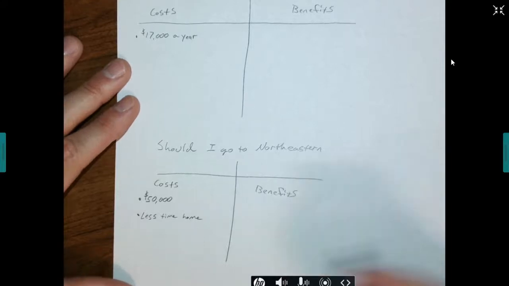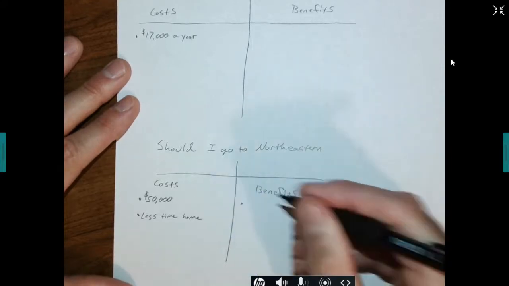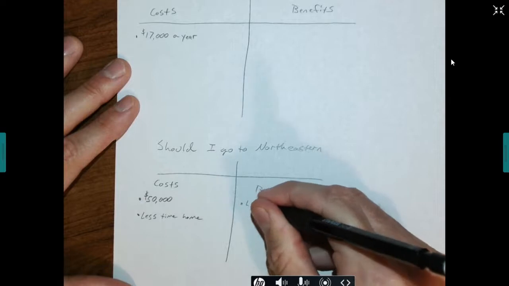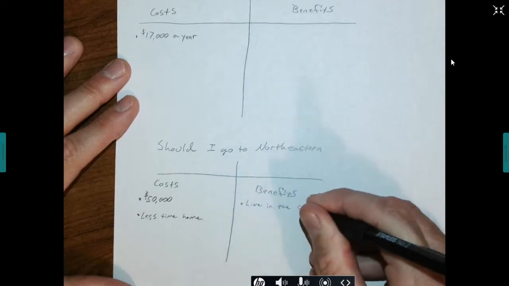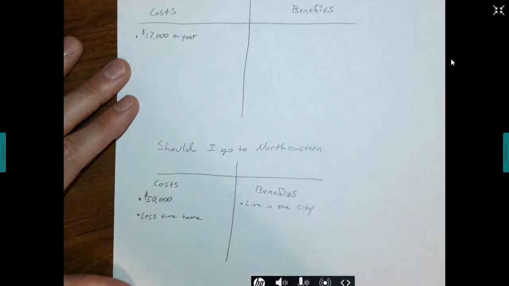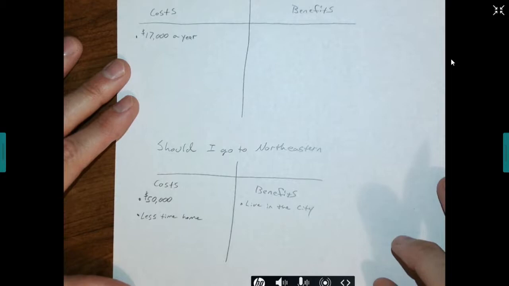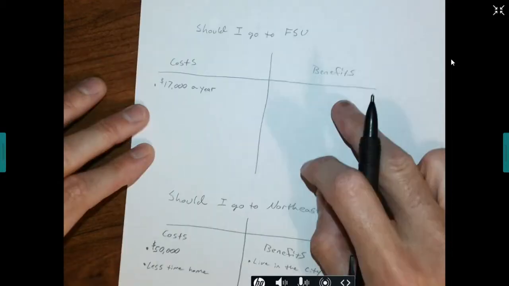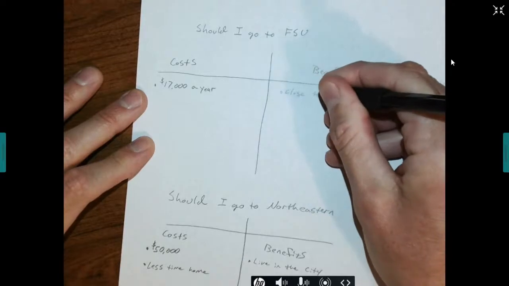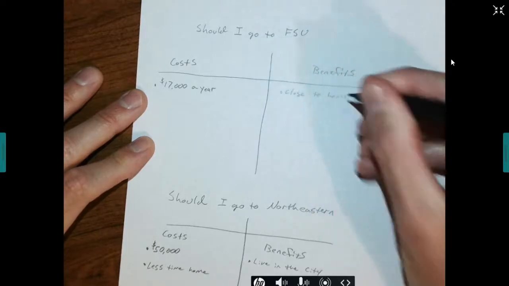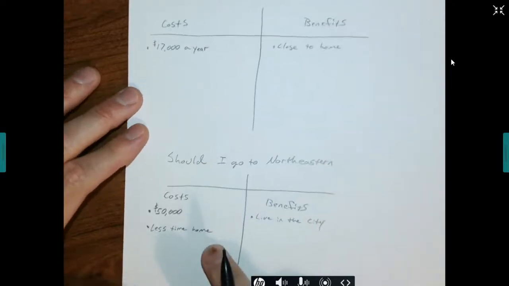Some people will say, okay, well, we get to live in a city. That could be a big thing. It's different from Florida, where you're in Boston. It's a big area. Benefits of FSU, you say, all right, well, it's close to home. Whereas over here is more difficult.